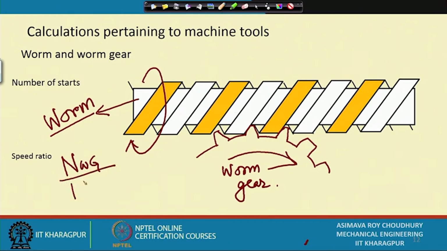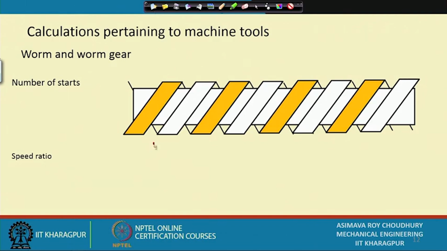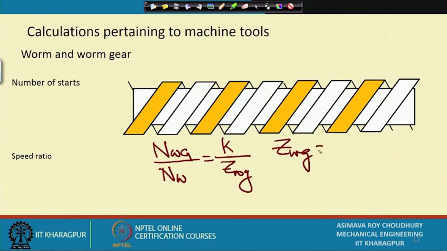N worm gear divided by N worm is equal to K by ZWG, where ZWG is equal to the number of teeth on the worm gear.